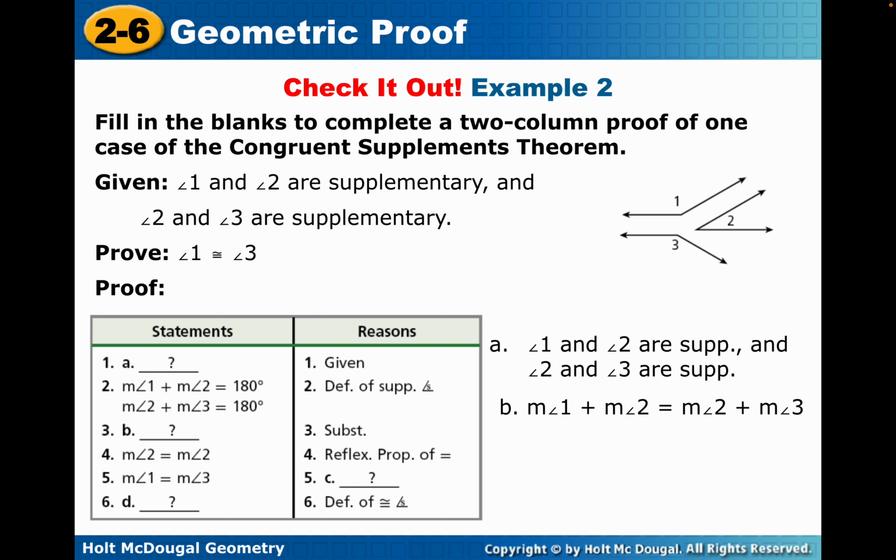For step 3, for those two angles, it's saying them added together equal each other, but the measure of angle 2 is the same as itself.